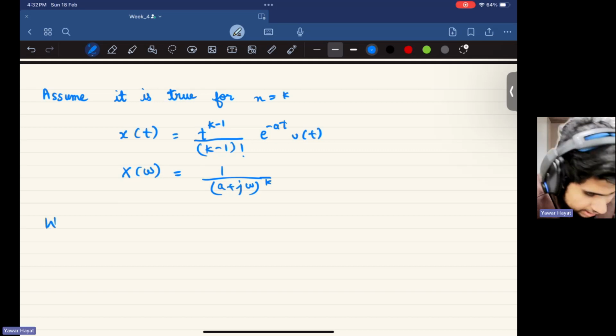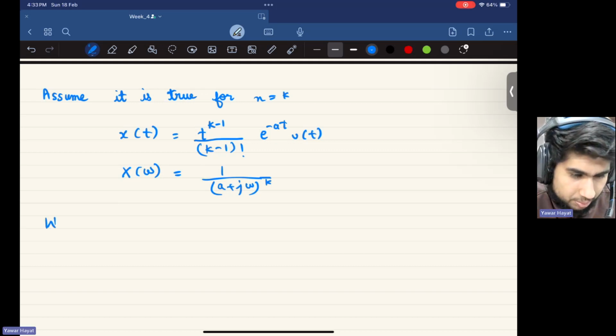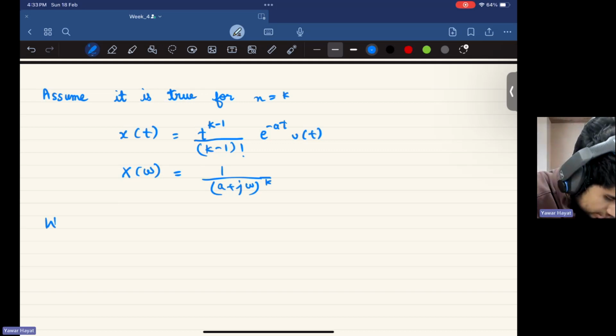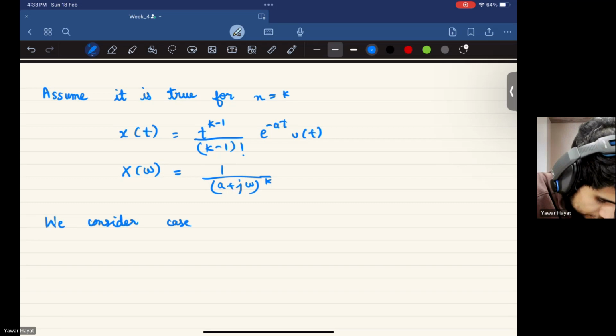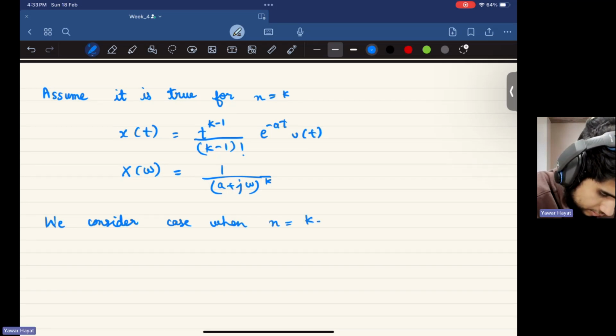Okay, now we'll consider the case when this n is k plus 1, and we'll prove that it is true for n equal to k plus 1. We consider the case when n is equal to k plus 1.